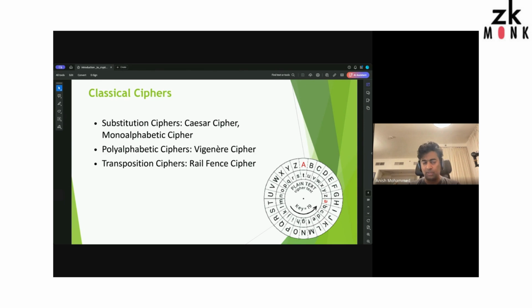That's what that means. It's a monoalphabetic cipher. Polyalphabetic ciphers work by taking a chunk of alphabets and then doing it. Transposition ciphers are very trivial. I shall leave this one with you to figure out. You probably played this when you were a kid. Can I have the next slide, please?